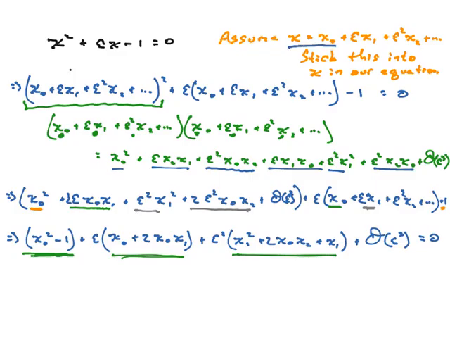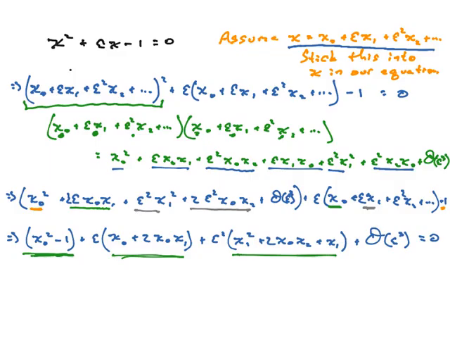So this piece here, x is x naught plus epsilon x1 plus epsilon squared x2 and so forth infinitely. And then the higher and higher powers of epsilon we get, the smaller and smaller those correction terms are going to be. So they're going to add very little to the actual answer eventually.